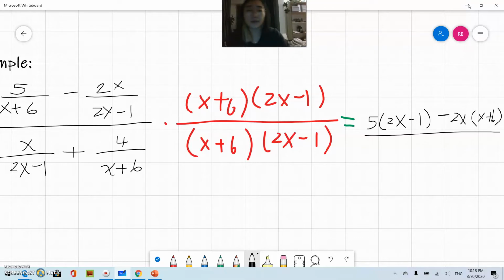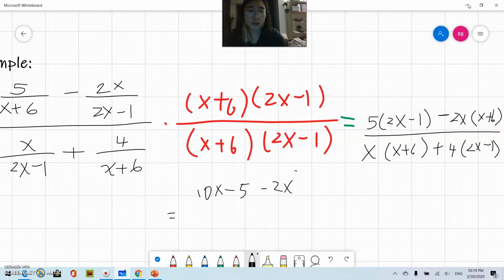Let's go to the bottom. x times x plus 6, because 2x minus 1 will cancel with each other, and then the second one would be 2x minus 1. Okay, almost done. We just need to distribute and simplify. So 10x minus 5 minus 2x squared minus 12x over x squared plus 6x plus 8x minus 4.